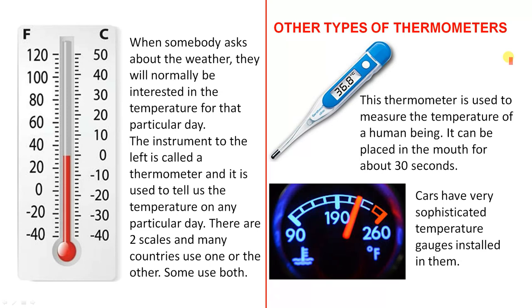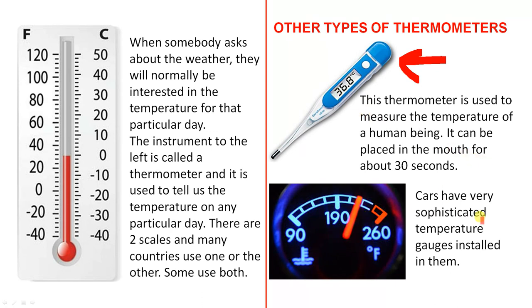Other types of thermometers. This thermometer, that's this one here, is used to measure the temperature of a human being. It can be placed in the mouth for about 30 seconds, and you'll get a reading here on the screen to tell you your body temperature.